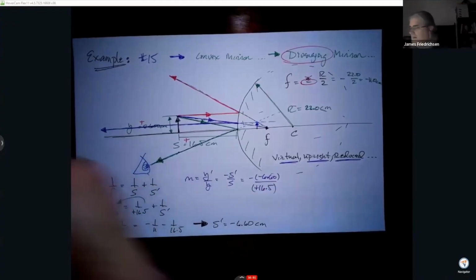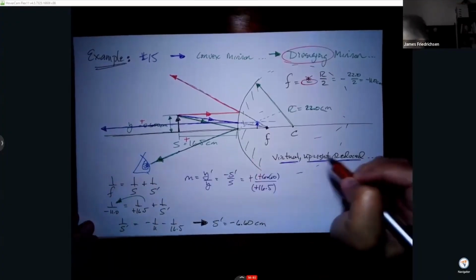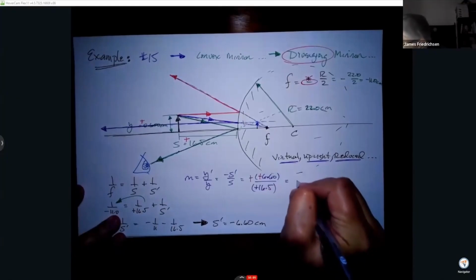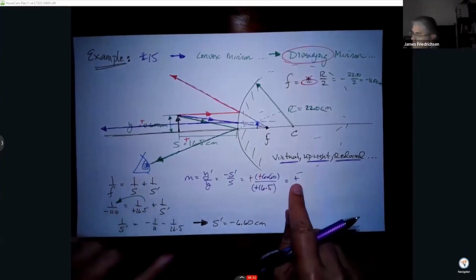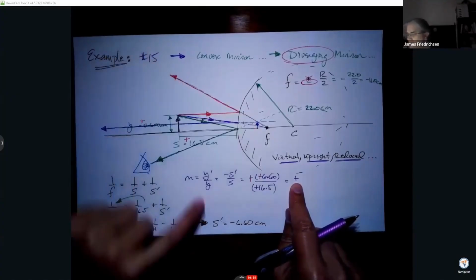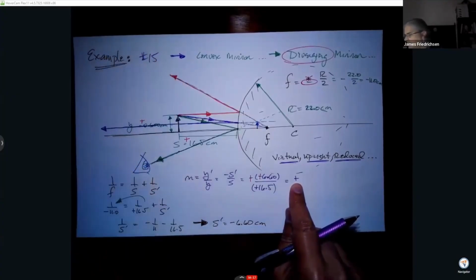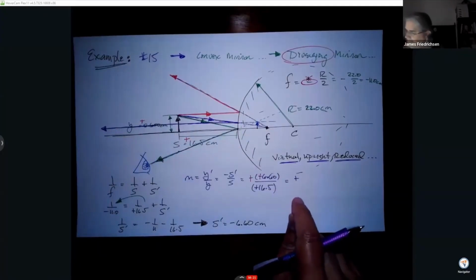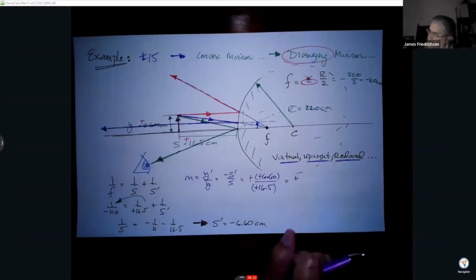And so the minus gives us a plus. And then we see 6.6 over 16.5. And since this factor is positive, that means my image is upright. Image height over object height, so if it's positive, they both go the same way. And it's going to be less than 1 because we reduced it.